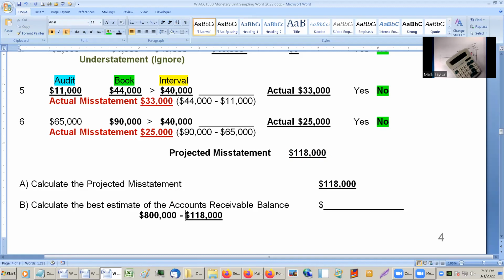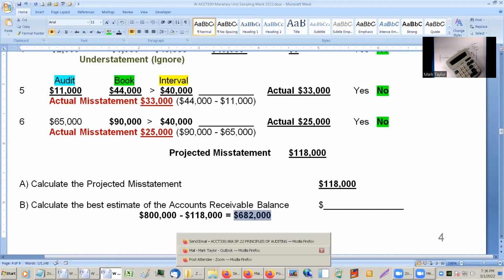And on this one, you really don't have to know whether it's overstatement or understatement, because it's always for overstatements. There's no possibility that it's... was it 682 maybe? I think that's it. Yes, it is.